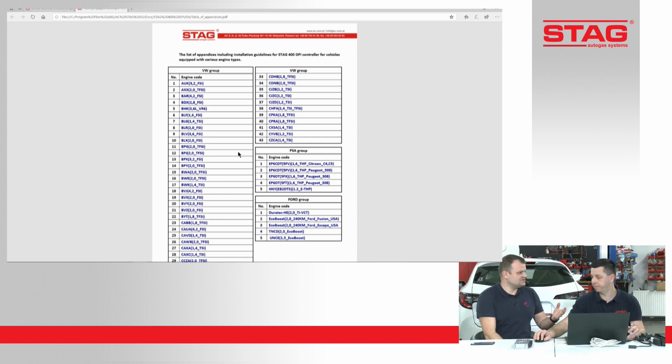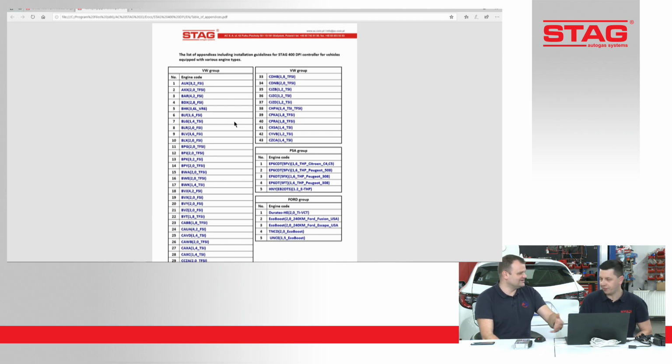For example, in the Volkswagen Group, because it's a common question: how to find out the engine code, because of course the car is visiting the workshop, not the engine code.